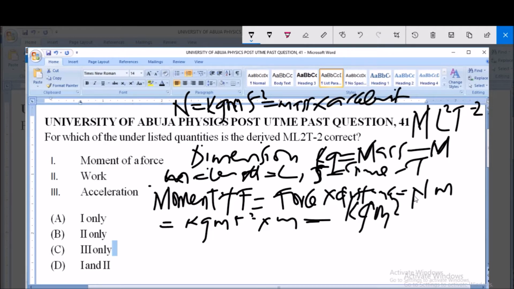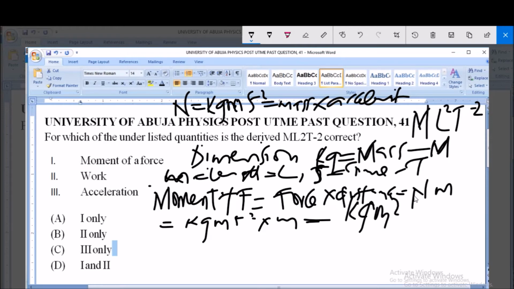Now if we substitute the dimensions, kilogram is for mass, and that's M. So we have kilogram, M; meter is for length, that's L raised to the power of 2; seconds is for time, T raised to the power of minus 2. Now you agree with me that the moment of force contains ML²T⁻². So you tick it. In a question like this, you don't just stop there, you solve for other values.